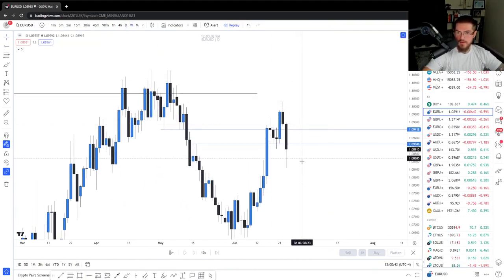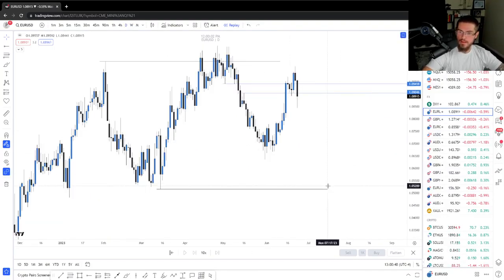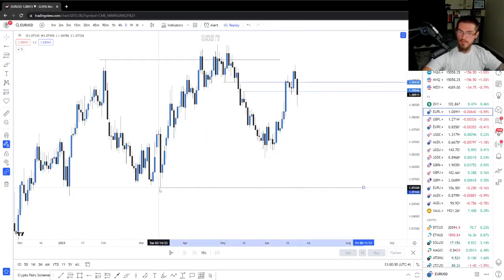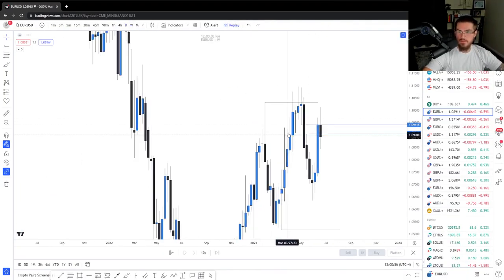A tap and a sweep and a shift, right? Now we haven't really got that. I won't call this a shift yet, but if we start to shift here on the euro, I think it's going to be bear city for these lows and this low. That's what I'm seeing on the euro.